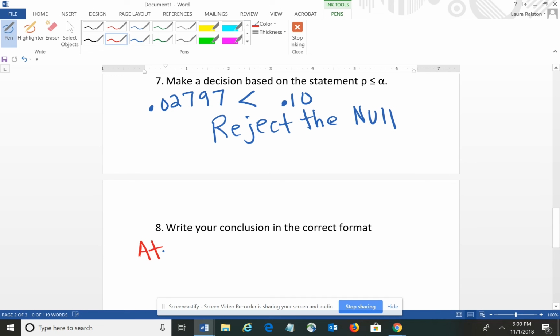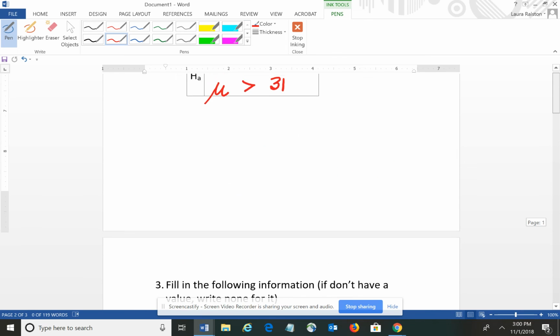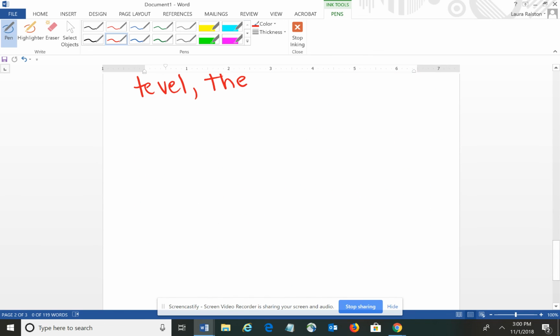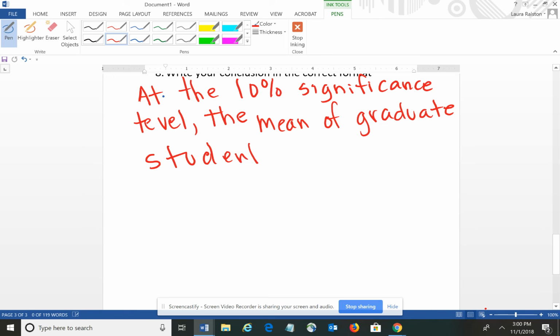So we say at the 10% significance level, and there's different ways to phrase it, but I would probably say the mean age of graduate students is not at most 31 years. And there's your conclusion.